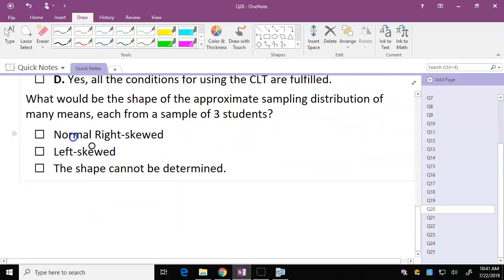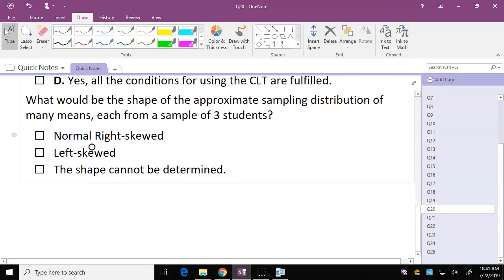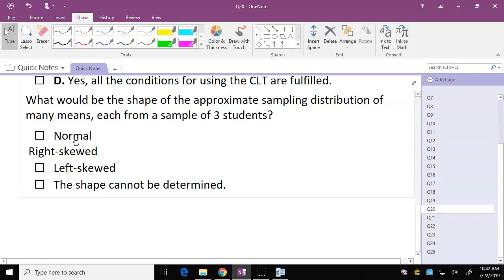All right. So then they ask a follow-up question to that. What would the shape of the approximate sampling distribution of many means, each from a sample of 3 students, be? And it looks like I might have deleted something, or she might not have put in the right information, because there should be 4 choices.